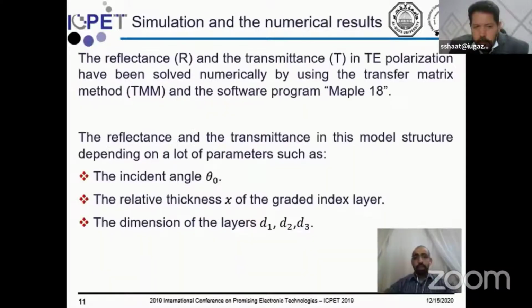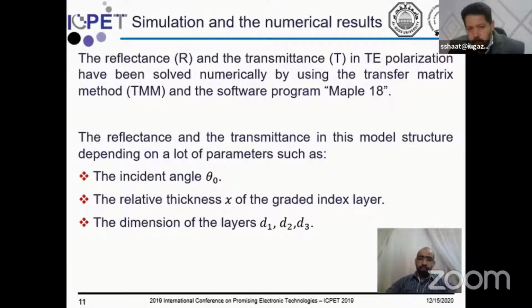Now, simulation and numerical results. As we know, the interaction between the light and the upper surface of the solar cell will produce reflectance and transmittance, where the reflectance and transmittance in the transverse electric polarization case have been solved numerically by using the transfer matrix method and the software program Maple 18.